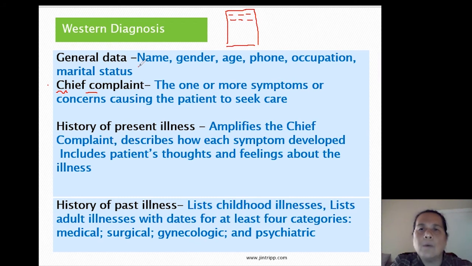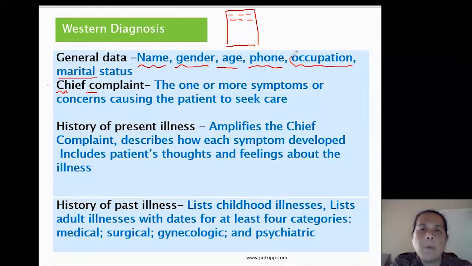That includes name, gender, age, contact phone, occupation, and marital status. We ask occupation because some illness may be related to their job or work.